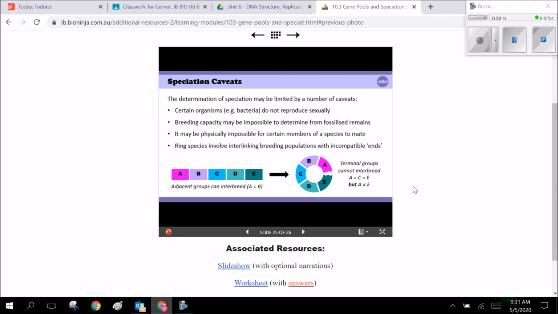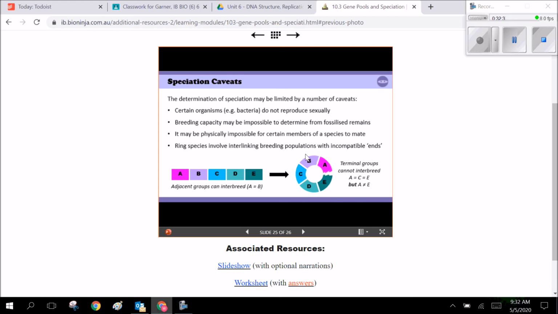And then, of course, there are ring species, which is pretty interesting. It's basically where you have, and this has happened with a couple of birds across the U.S. and lizards on different islands, one population, and then they change and diversify over time.